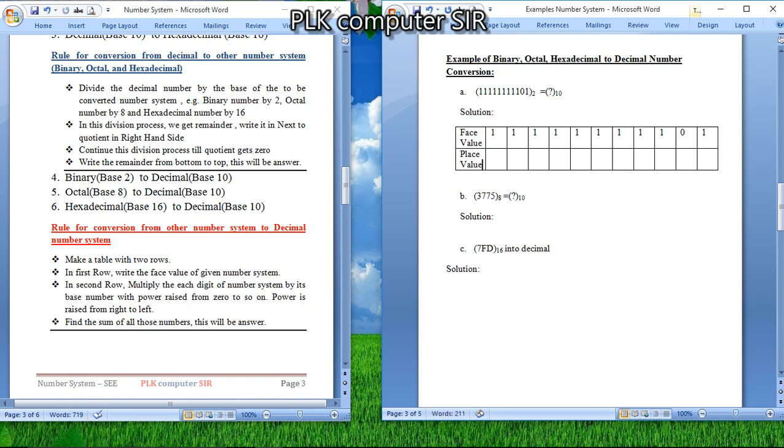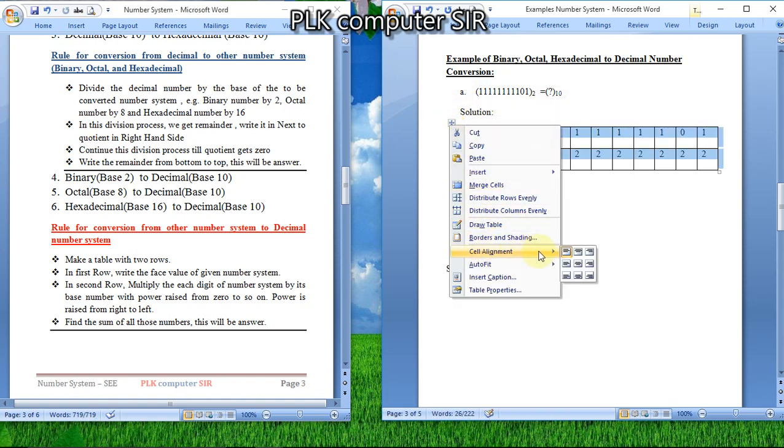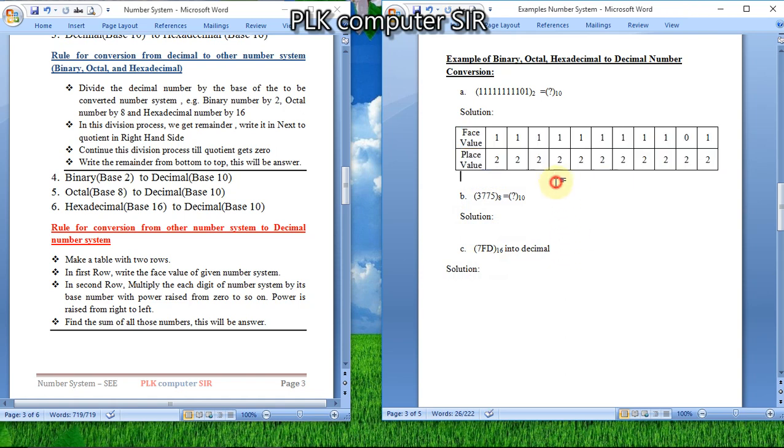In the second row, multiply each digit of the number by its base. The binary base is 2 in each. Let me make this cell a little bit bigger in the middle. Now it is looking better.